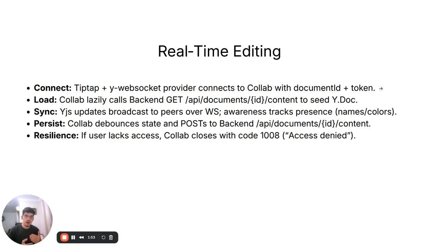So when the user types anything in the document, we have also introduced a debounce. We don't save the data on each keystroke, so we don't overwhelm our database and our backend with too many requests.